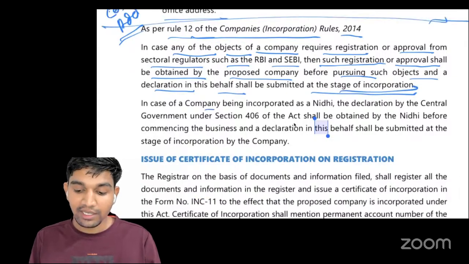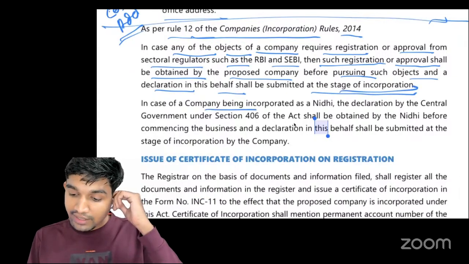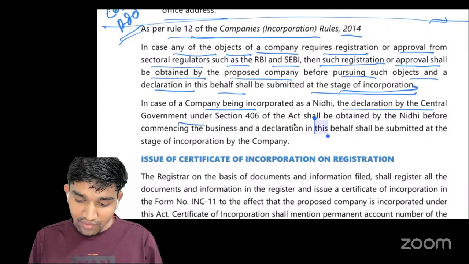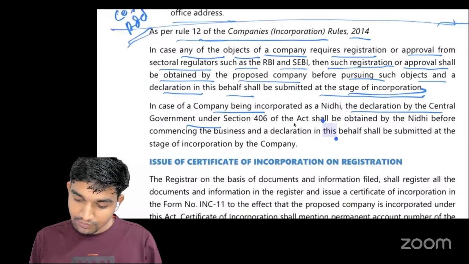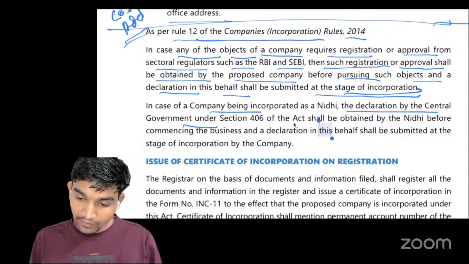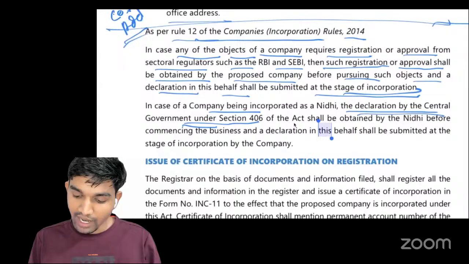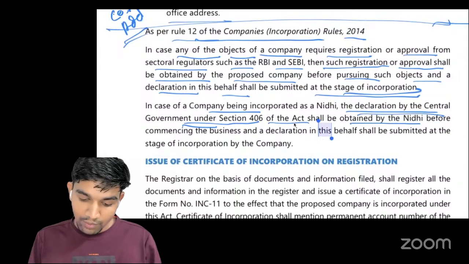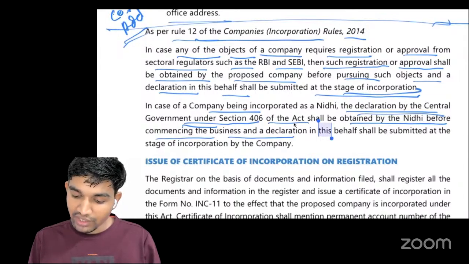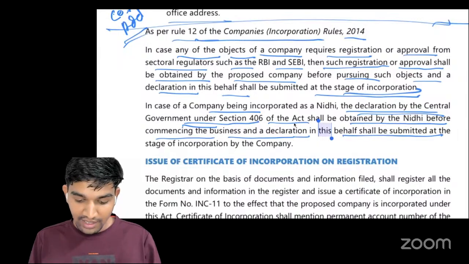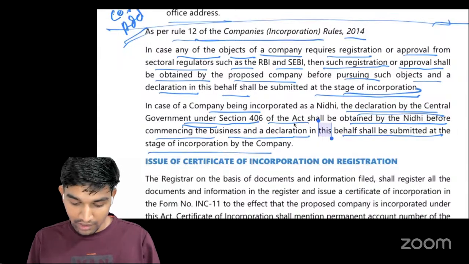In case of a company being incorporated as a Nidhi company, the declaration by the central government under Section 406 of the Act shall be obtained by the Nidhi before commencing the business, and the declaration in this behalf shall be submitted at the stage of incorporation by the company.